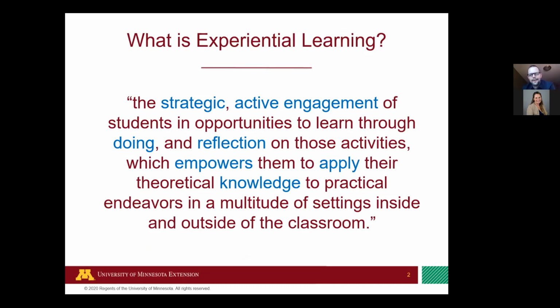So that's quite a mouthful. And so if you see, I highlighted some key terms when we think about what experiential learning looks like. So strategic, active engagement, doing, reflection, empowering, talking about applying their knowledge.